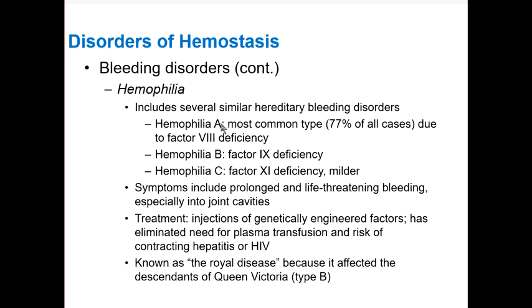So hemophilia A, which is the most common type, is a deficiency of clotting factor 8 of the 13, and you can see other deficiencies with other types of hemophilia. So life-threatening bleeding is the result here because a person has problems stopping the bleeding because of the lack or insufficiency of the clotting factors.